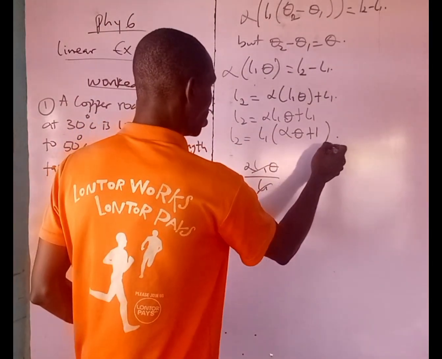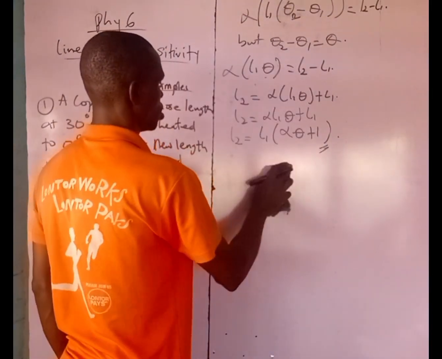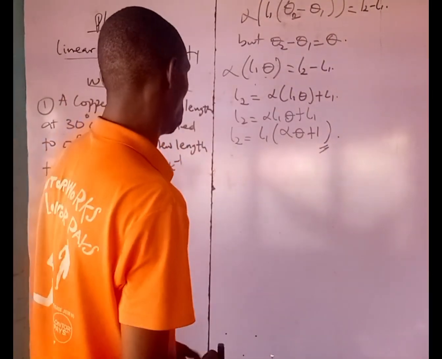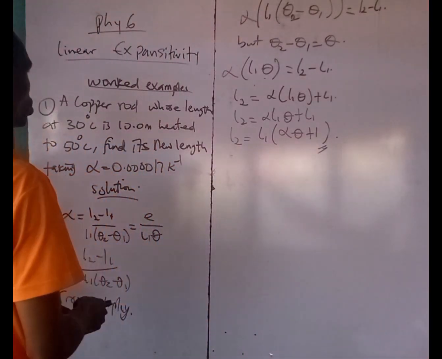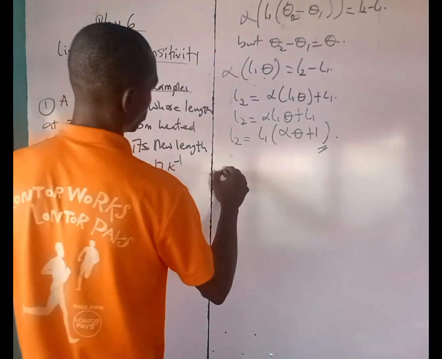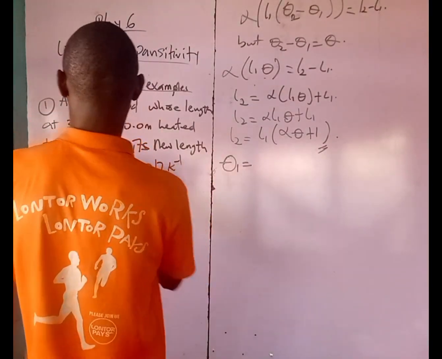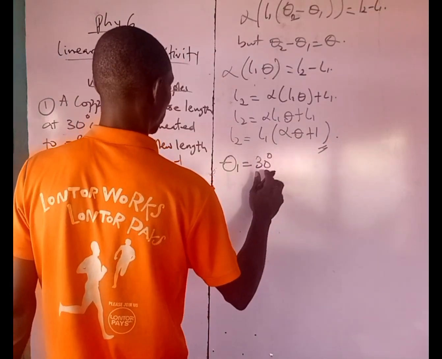Good. Now if this is our L2, then we can now bring out our parameters from the question. A copper's length is at theta 1. Theta 1 is 30 degrees Celsius.